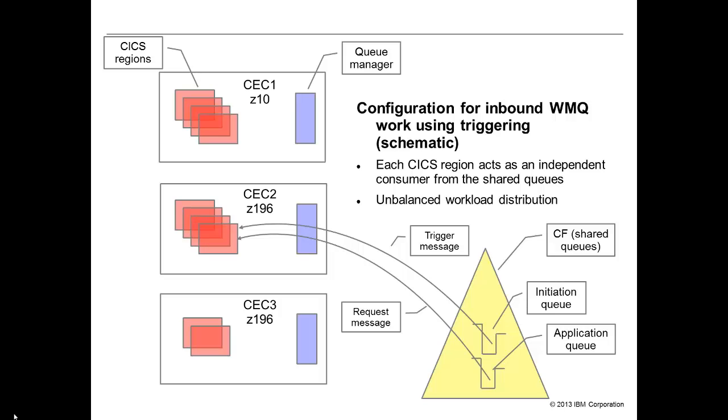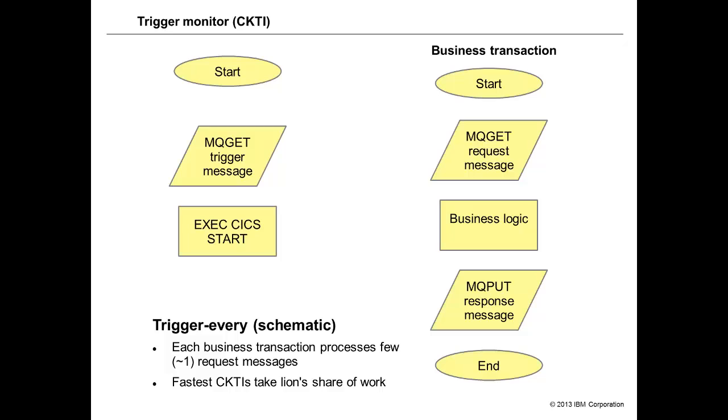Trigger on first: when a message arrives on the queue that takes the message depth from 0 to 1, or at certain other intervals, the arrival of the message will create a message on the initiation queue, and that will in turn trigger the transaction within CICS.